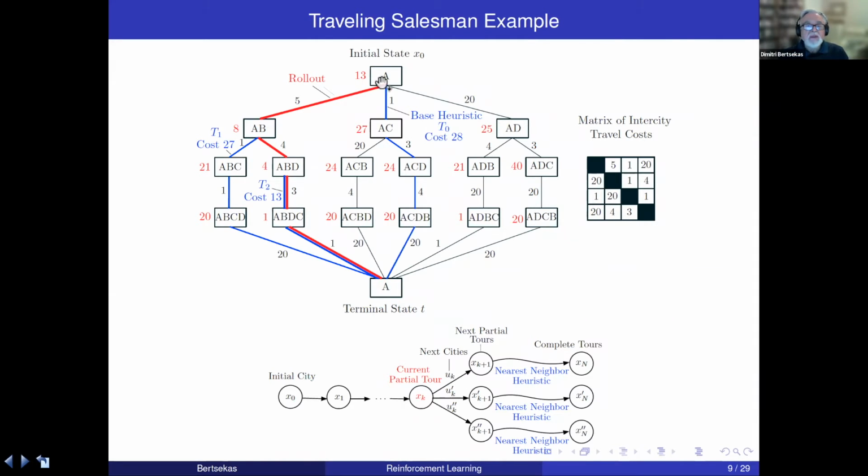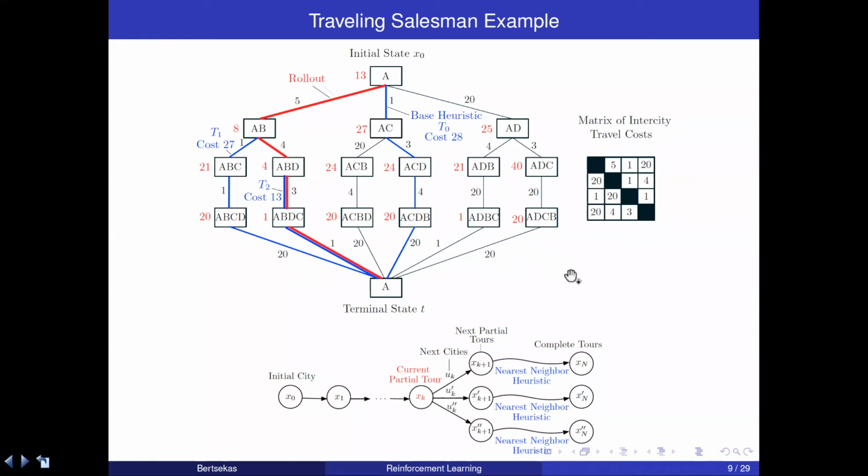So over here, I was going to say that to illustrate here. Here we looked at all the possible choices and ran the base heuristic from each one of these. And we selected this state as being the one that brings us to the minimum cost. Oh, I understood. Thank you, Professor.